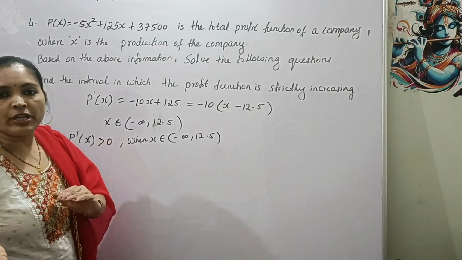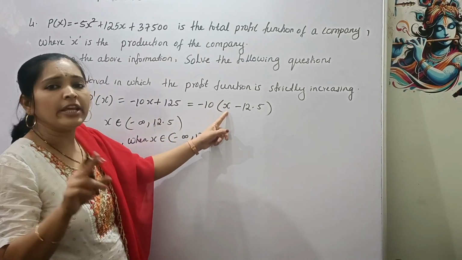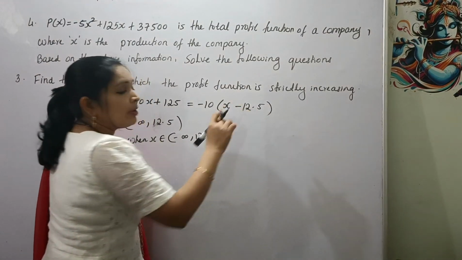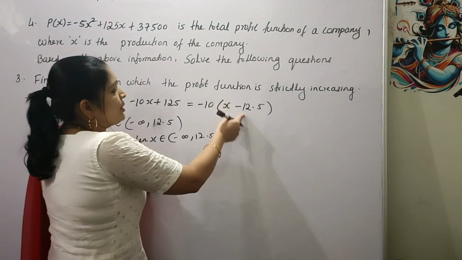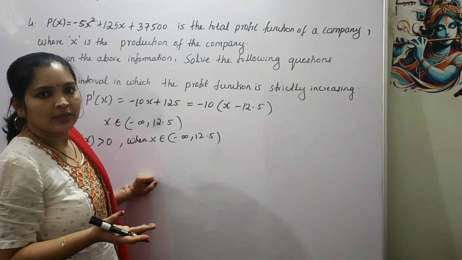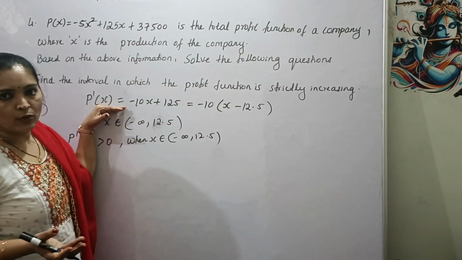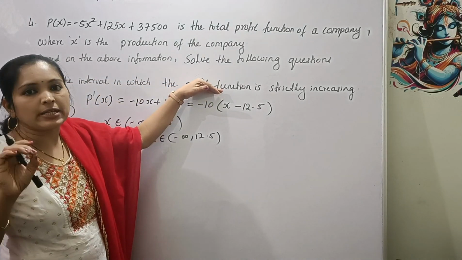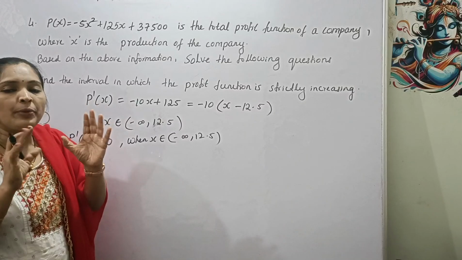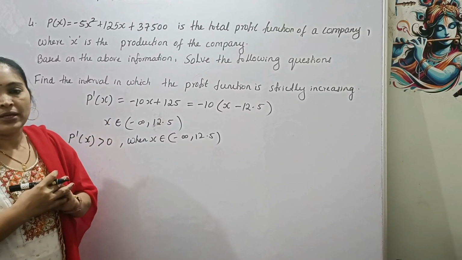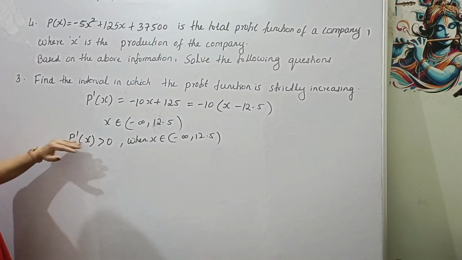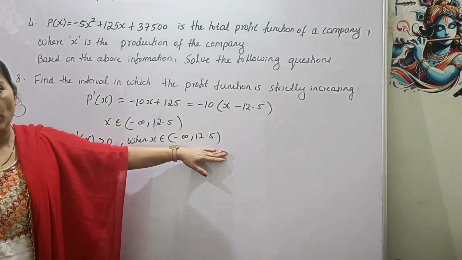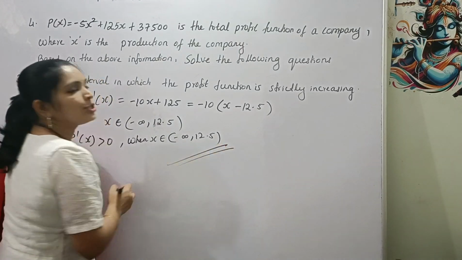What about 12.5 to infinity? If you substitute any value of x greater than 12.5, the expression inside the bracket will be positive, right? Positive into negative will be negative, so it will be less than 0. Here we have to find the interval in which the profit function is strictly increasing. Strictly increasing means that P dash of x should be greater than 0, right? So P dash of x is greater than 0 only when x belongs to minus infinity to 12.5. So that is the interval.